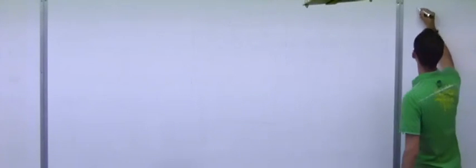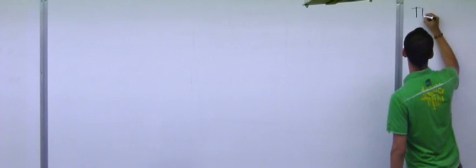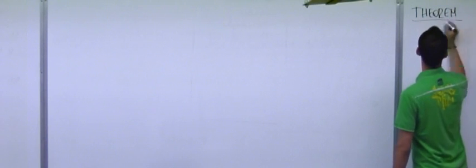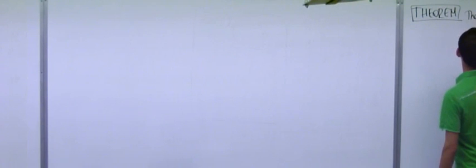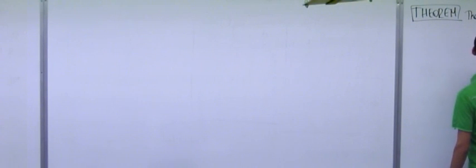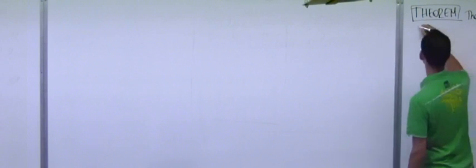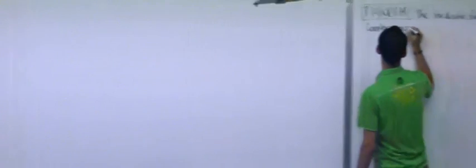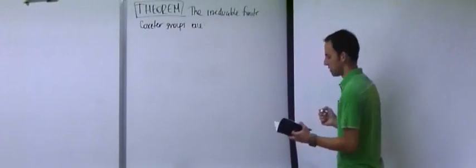So theorem. It's one of our main theorems in this course. The irreducible finite Coxeter groups are those corresponding to the following Coxeter diagrams. So we're going to give a complete list.